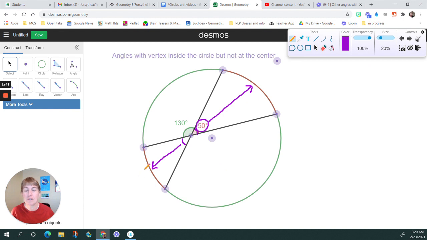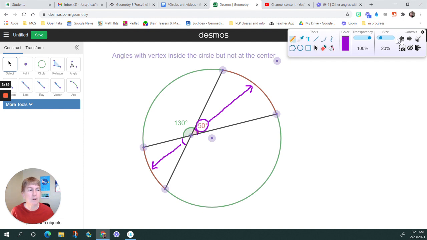Since we're averaging two things to find the angle measure, we can know any two of the three. If we know the two arcs, we can average them to find the angle. Or if we know one of the arcs and the angle, we can work backwards and find the other arc. With this relationship, we can find missing things, missing angles, missing arcs.